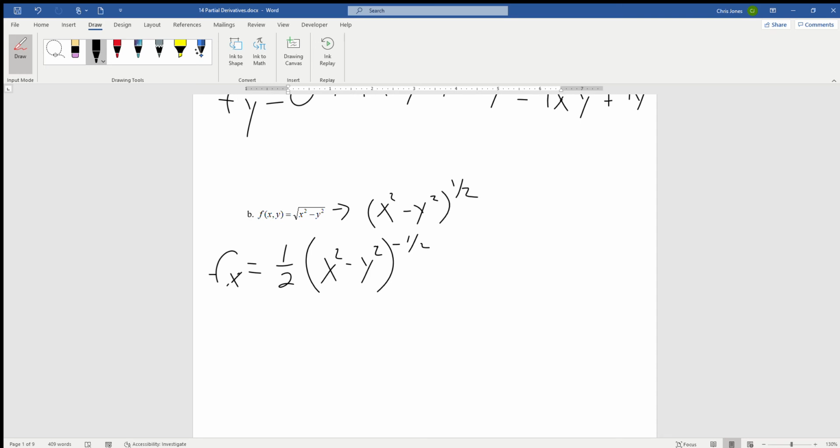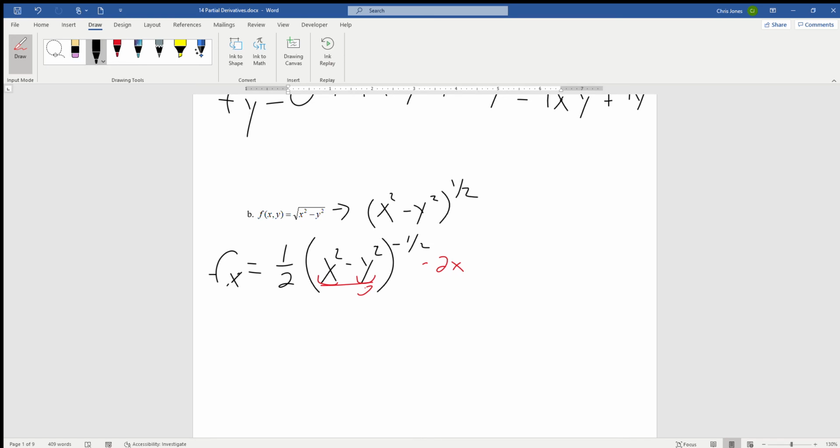But now we have to remember that there's a chain rule of derivatives. So we're going to have to take the derivative of the interior function with respect to x. So that means we're going to multiply that by the derivative of x squared, 2x. The derivative of y squared with respect to x is 0.